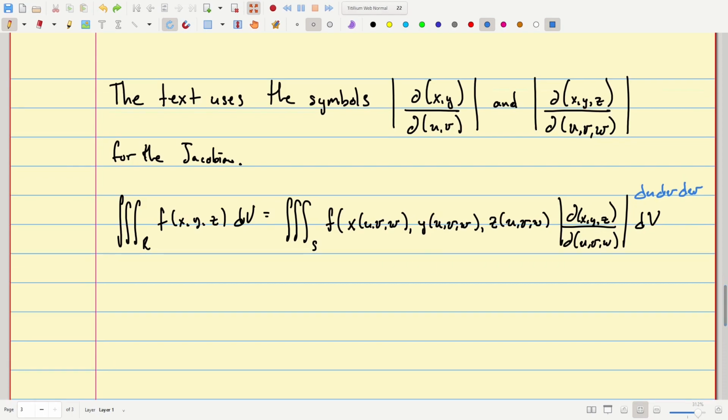Okay. Anyway, if I give you a coordinate transformation, you should be able to derive the Jacobian for that coordinate transformation. It's just a matter of taking a few partial derivatives and then computing the determinant of a matrix.